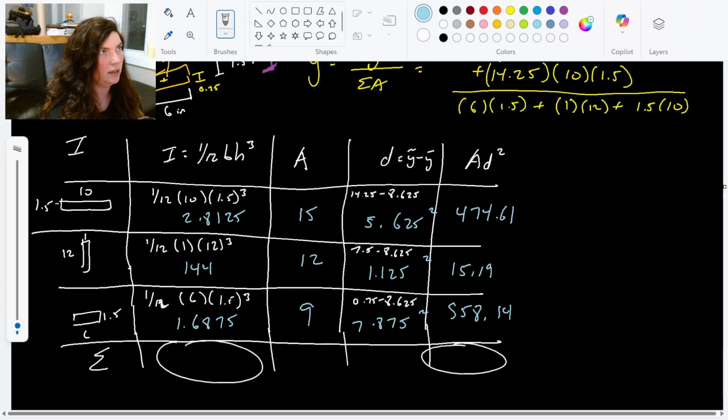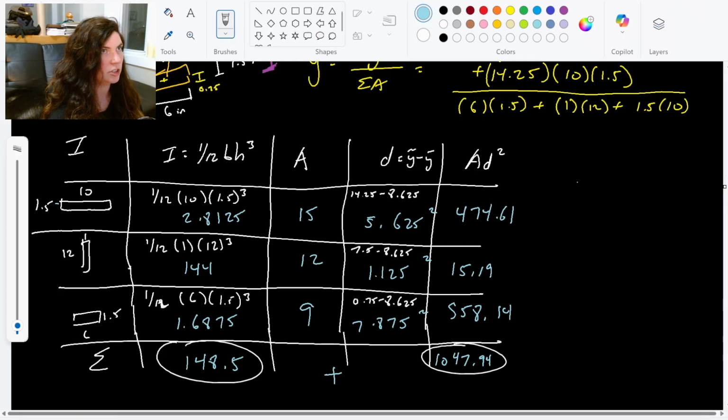So 2.8 plus 144 plus 1.6 gives me 148.5. Then add these, my last column, down the column. 474.6 plus 15 plus 558 gives me 1047.94. And then all I need to do is add these two numbers together, right?